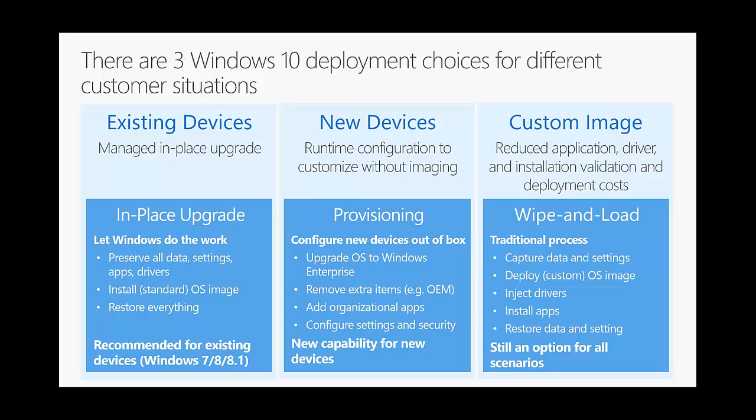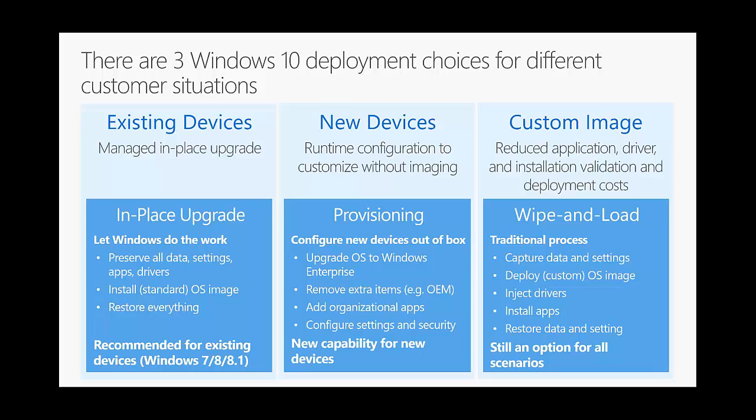You remove extra items from the OEM and add your tools and organizational apps to the provisioned device, and you can also configure settings for security and update management, for example, through the branch option.